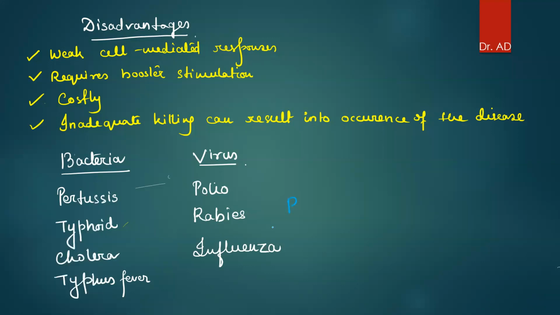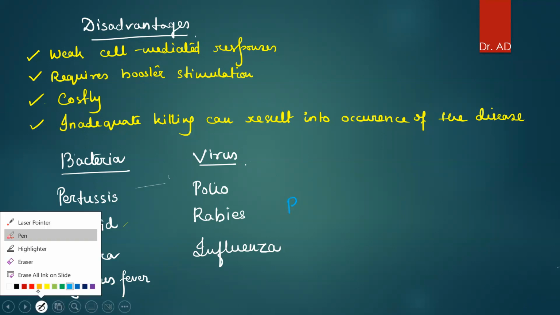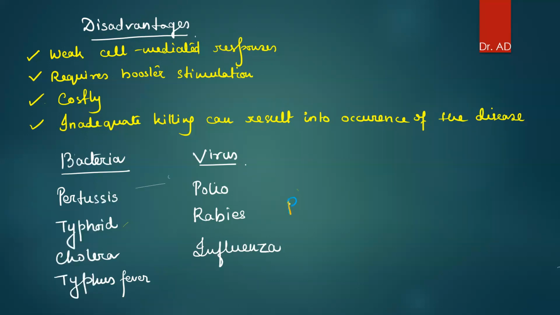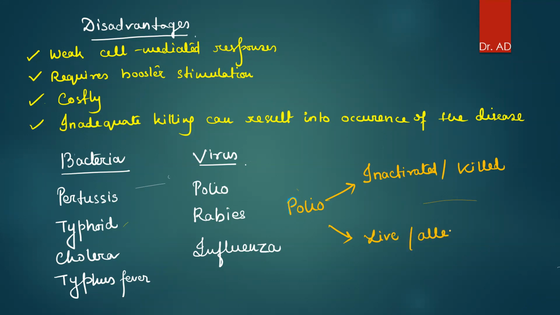This ink is not showing up. Yeah. We'll use this. See, this is something very important. You must remember this. One is inactivated or killed. The other is live attenuated.